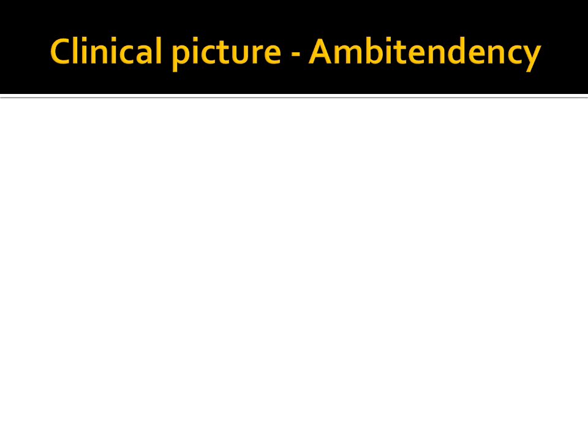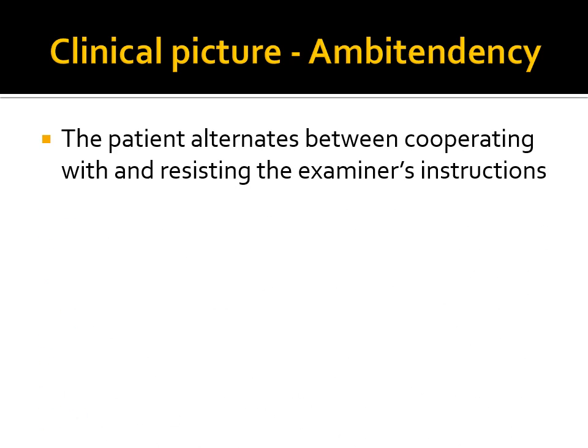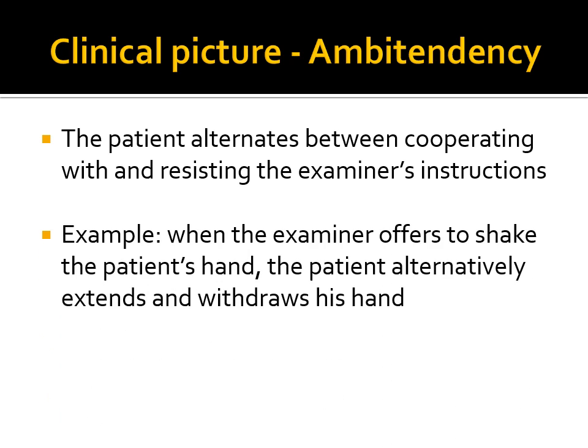In ambitendency, the patient alternates between cooperating with and resisting the examiner's instructions. So for example, when the examiner offers to shake the patient's hand, the patient alternately extends and withdraws his hand.